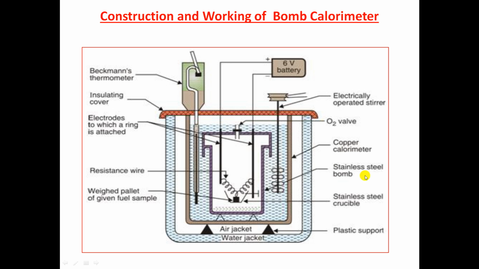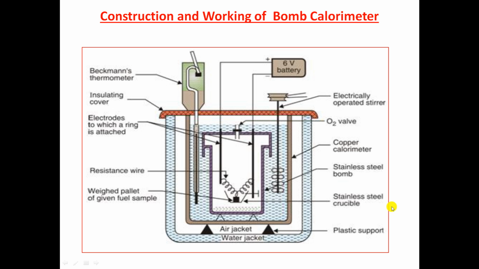Now we are going to discuss the construction and working of the bomb calorimeter. A bomb calorimeter consists of an airtight stainless steel bomb placed in a copper calorimeter. The calorimeter is surrounded by an air jacket and water jacket to prevent heat loss to the surroundings because of radiation.